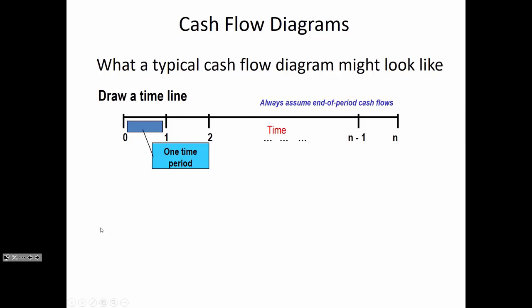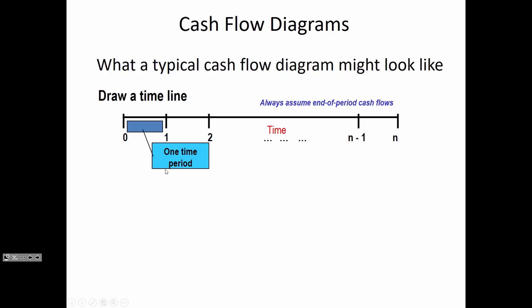But each one of these marks can identify a time period. It may be a month, it may be a quarter or a year, and you just have it continue through the number of years that are described in the problem statement, assuming the end of period cash flows. And that's what we were talking about a moment ago, where when you have revenue or expenses, you would put them at the end of a year.